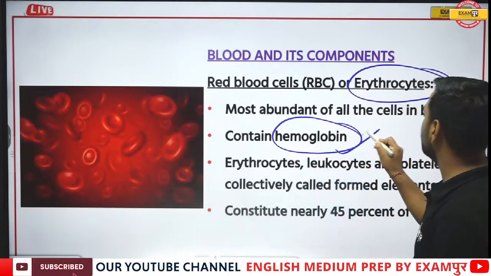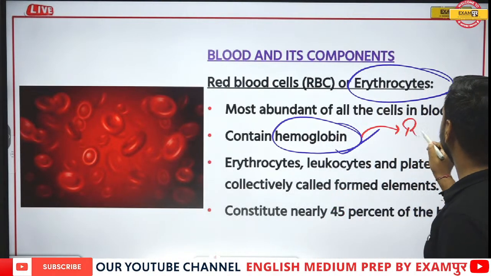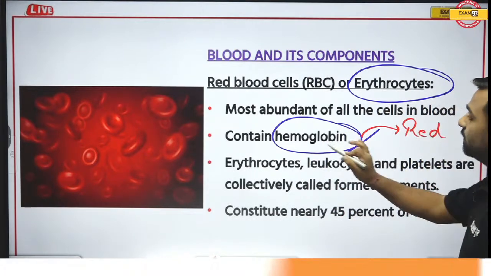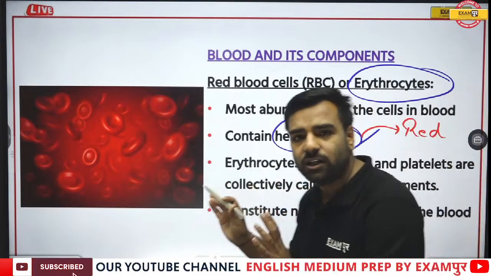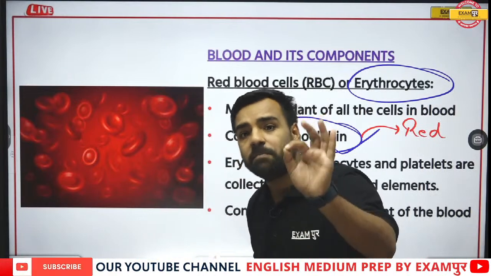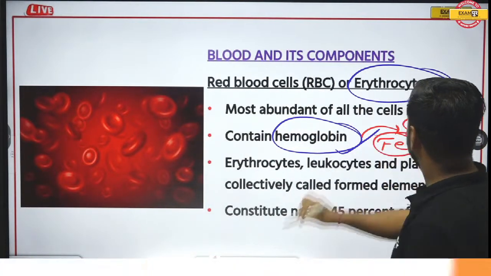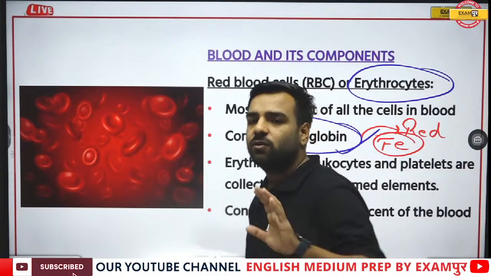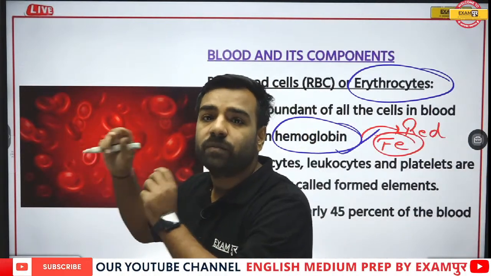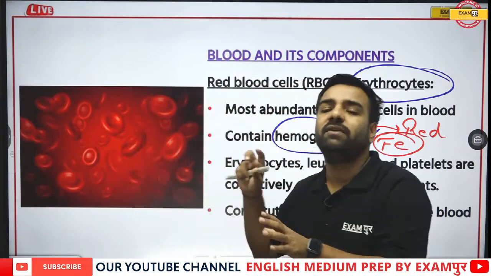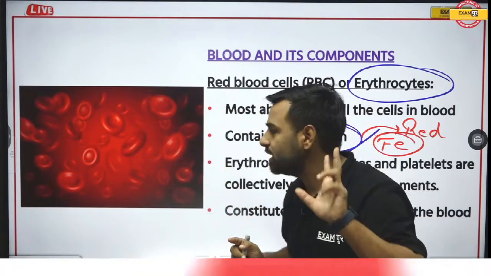This hemoglobin imparts red color to the blood, and remember, blood has iron. So if someone asks which component gives blood its red color, that is your hemoglobin.